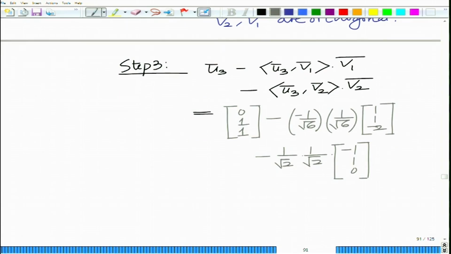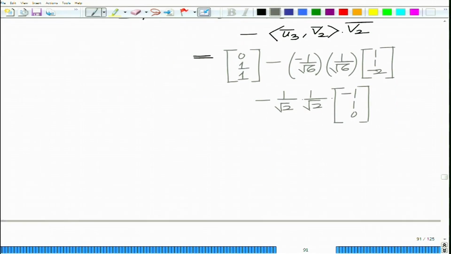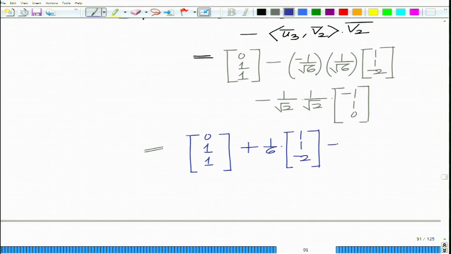So, if you can simplify this, it will be 0 plus 1 over 6 times the vector 1 1 minus 2, and so on.